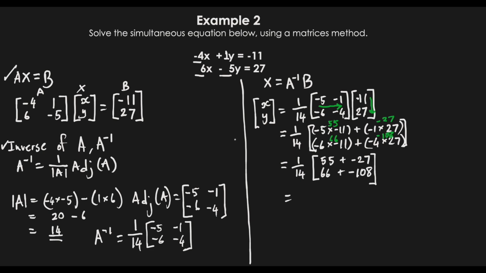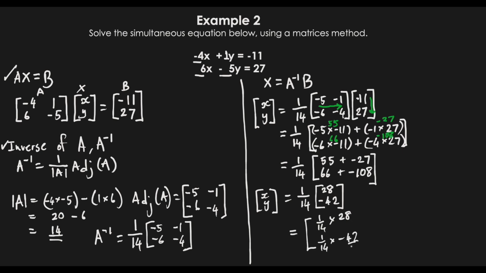So if I simplify that, I'm saying I have 1 over 14 multiplied by 55 plus negative 27, which is 28, and then I have 66 plus negative 108, which is negative 42. So remember what we said here now. This is the same as saying 1 over 14 times 28, and then 1 over 14 times negative 42.